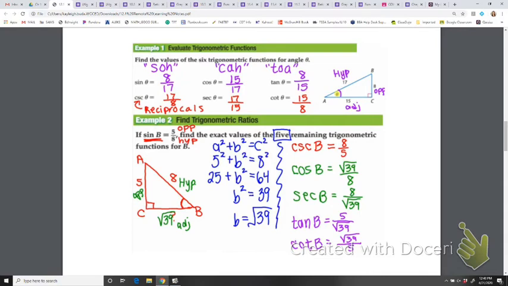It tells us the sine is 5 over 8, so I know that's opposite over hypotenuse. So I labeled the opposite side 5 and the hypotenuse 8. Then, since it's a right triangle, we can use the Pythagorean theorem to find the remaining leg, listed there in blue. I get the square root of 39, so that is the adjacent side. Now I have listed the 5 remaining functions over there.